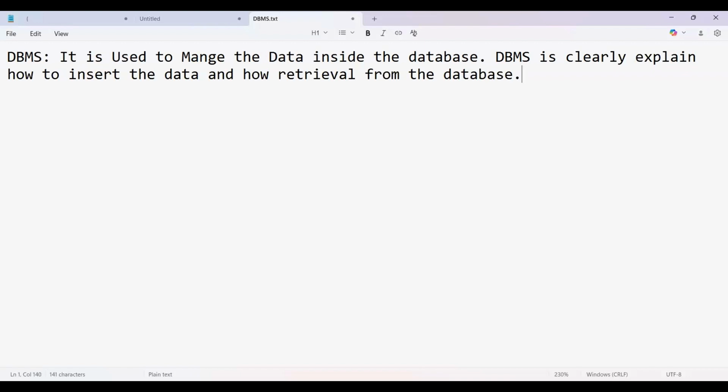Retrieval means getting the data, and inserting means we are putting the data. That's about DBMS. It is nothing but managing the database. So how to insert the data and how to retrieve the data. That's what this DBMS is dealing for us.